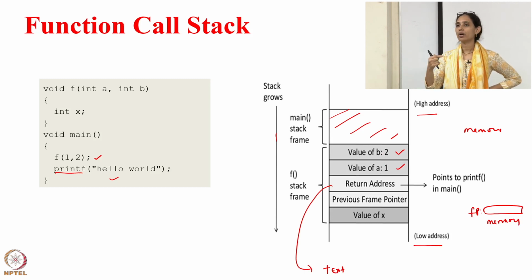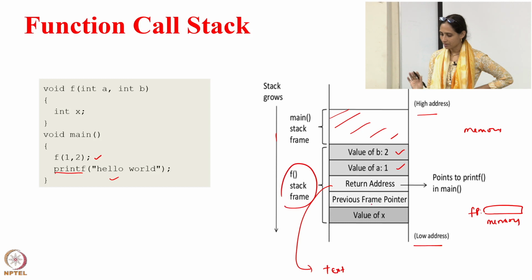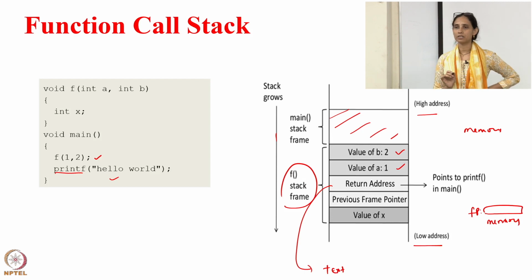So when I am executing this stack, forget the previous frame pointer for now. When I execute this stack, the CPU will note down what the frame pointer for this is. How it finds out I will tell shortly, but it knows where the frame pointer is.